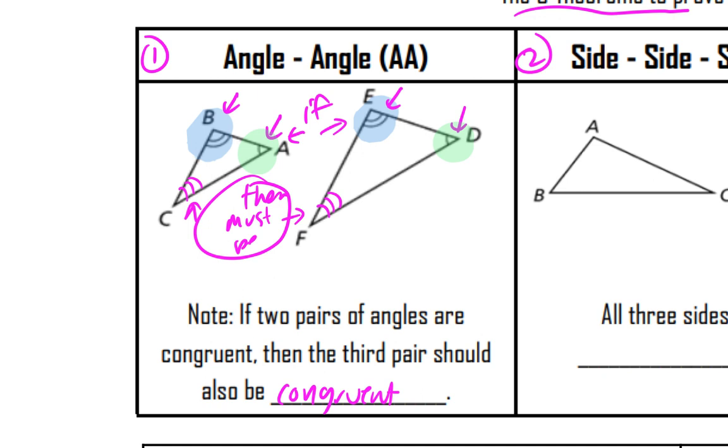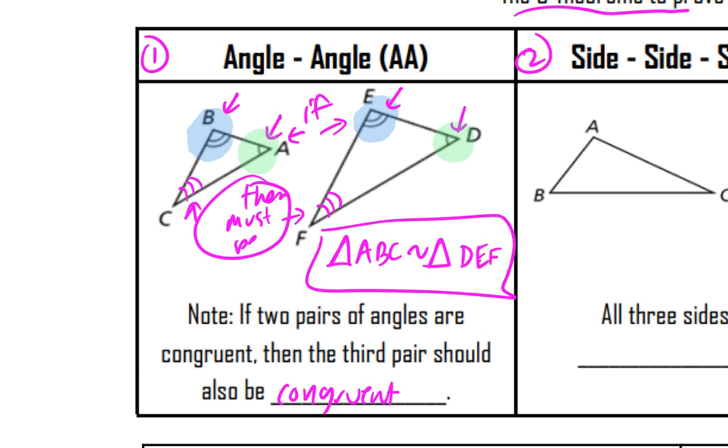So we would say triangle ABC is similar to triangle, and let's go in the same order. A is with the 1, so we'd say D. Then the one with the 2 is E, B and E, and then the last one should be F. So if we know that 2 angles are the same, then that's enough to prove that they are similar.